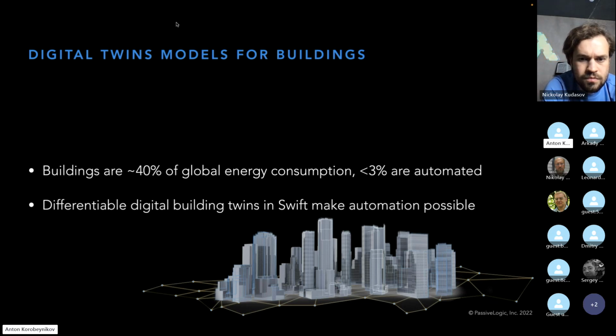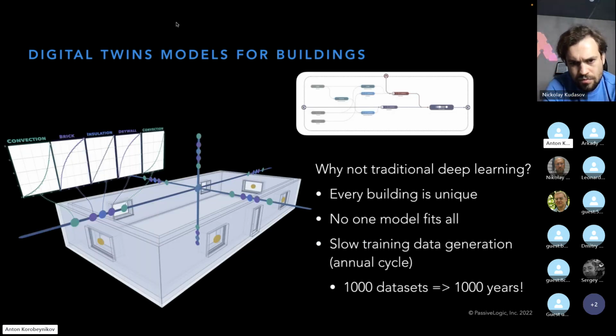It turns out that very few buildings are automated. If we build a proper digital twin model for the building with proper physics, then we can make automation possible because we can optimize for different parameters.